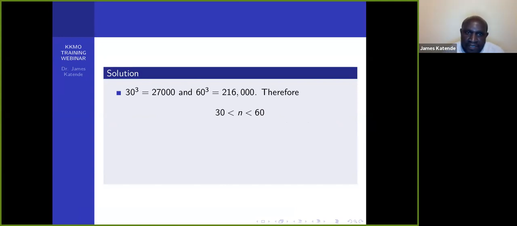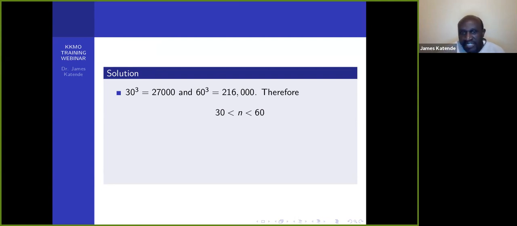If we check, we can see that 30 cubed is 27,000. So n must definitely be bigger than 30. And we also can see that 60 cubed is 216,000. And therefore n must also be less than 60. So the value of n lies between 30 and 60.